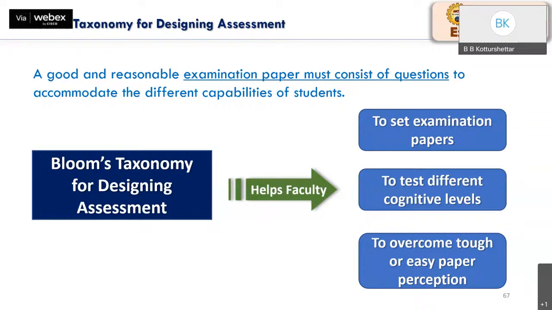come out of this problem of tough paper and easy paper that students normally express when they come out of the examination hall.